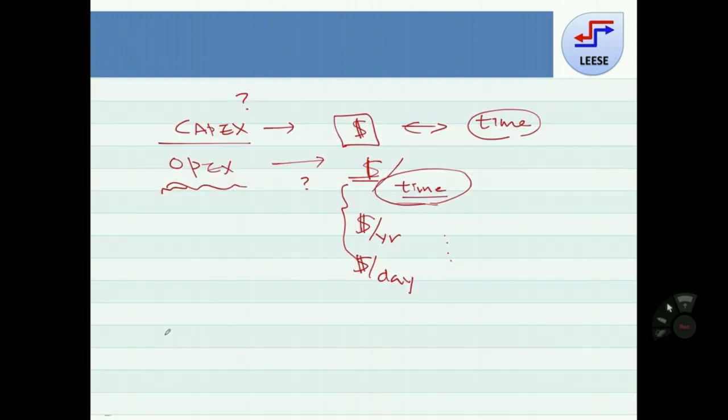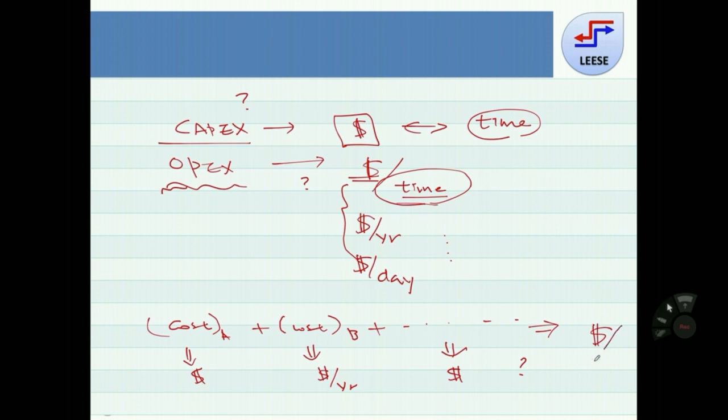Say we have cost item A and cost item B. This one is based on dollars, this may be based on dollars per year, this may be based on dollars. Then we do not have a common basis for comparing these things together. So we need a common basis. What we typically do is base everything on one common unit, a time-dependent evaluation of all the costs incurred for the project.